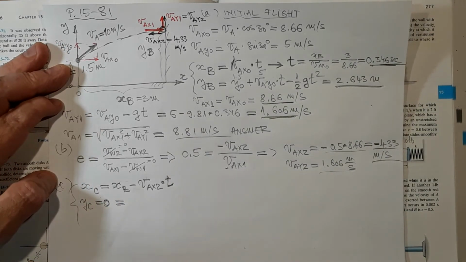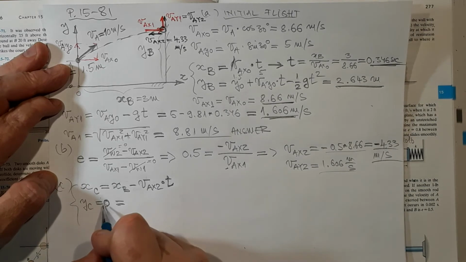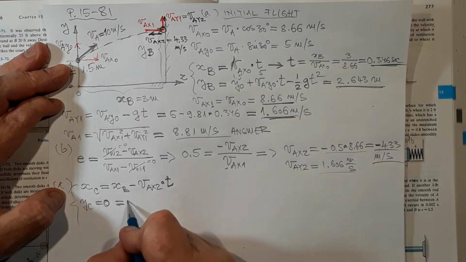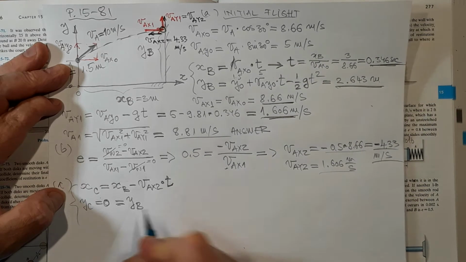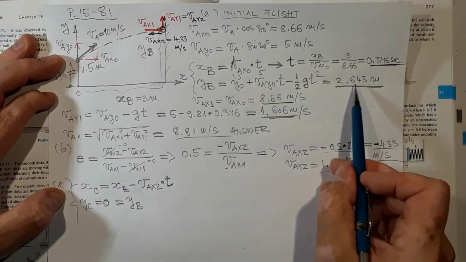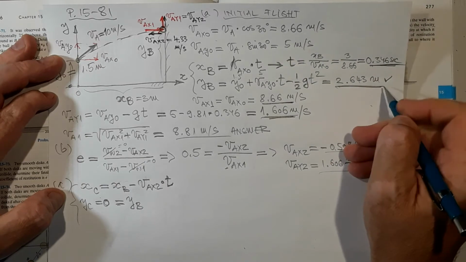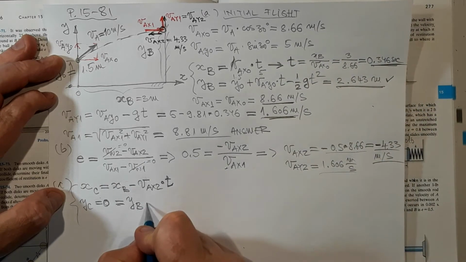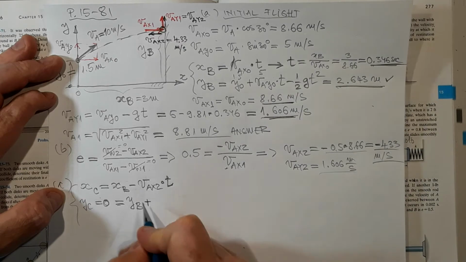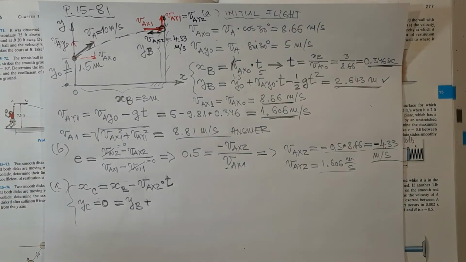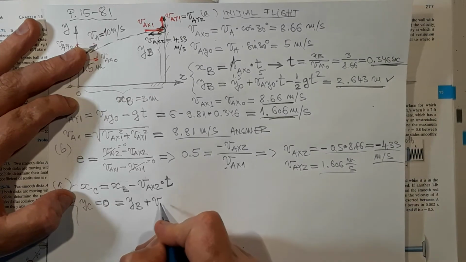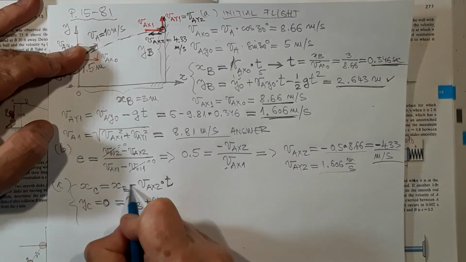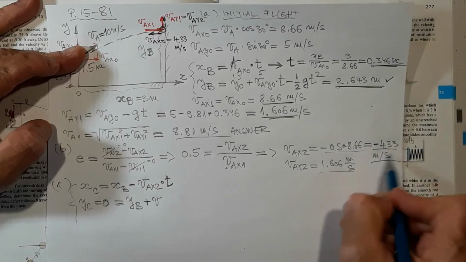In the y direction, y equals 0 at ground level equals y at point B, which we calculated, plus the velocity after impact in the y direction, which is still positive. I put a minus here, meaning I'm taking the magnitude.